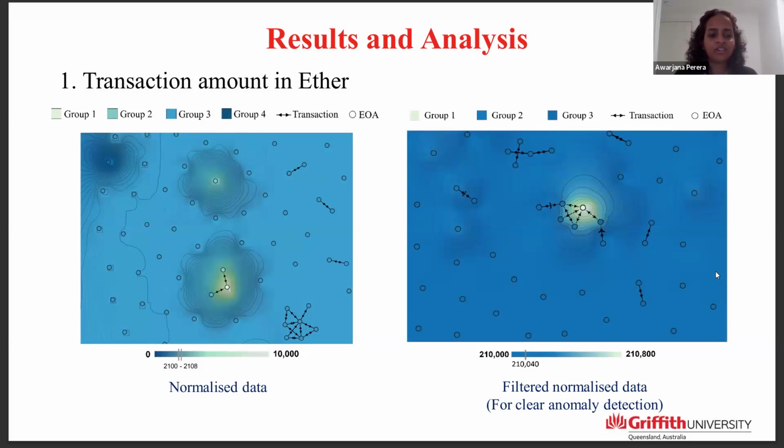So the range of our data set varied from 0.01 up to 10,000, like you can see in this diagram over here. But the majority of the values fell between this small range, which is 2,100 to 2,108.